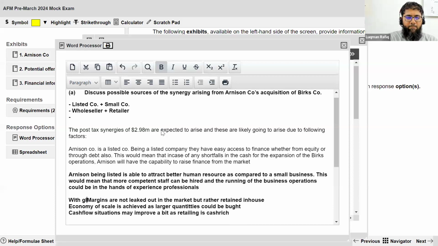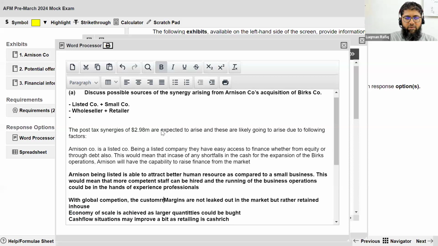With the global competition, the customers' requirement to sell at low prices can only be met if the margins are not compromised.